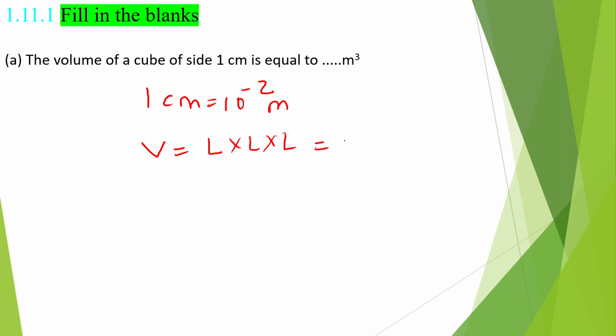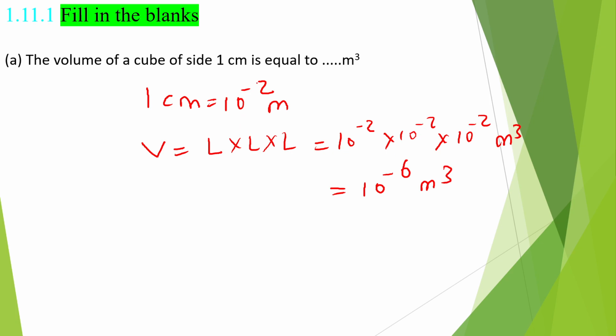So you will be getting 10 to the power minus 2 into 10 to the power minus 2 into 10 to the power minus 2 meter cube. So your answer will be 10 to the power minus 6 meter cube. So this will be the solution.